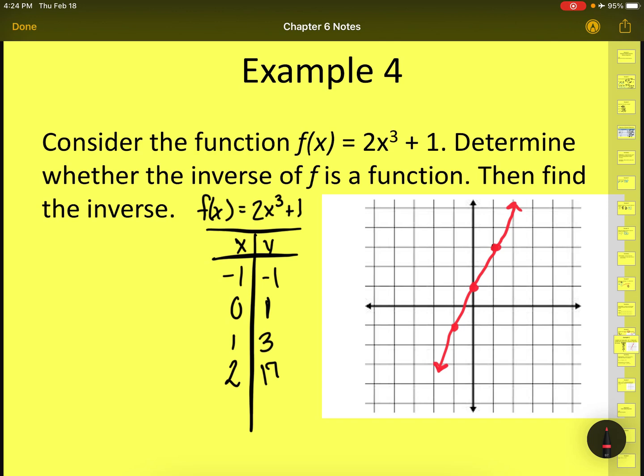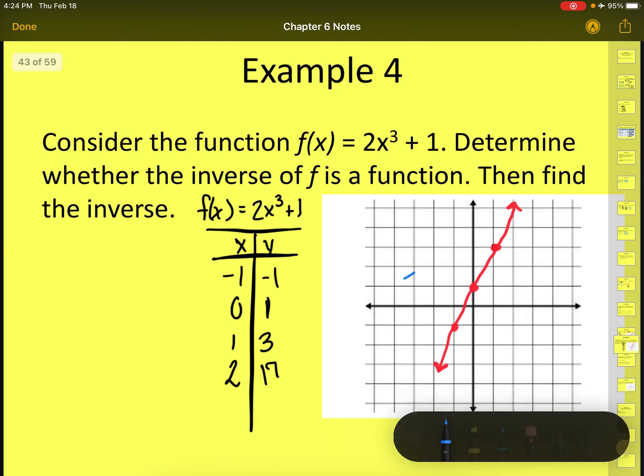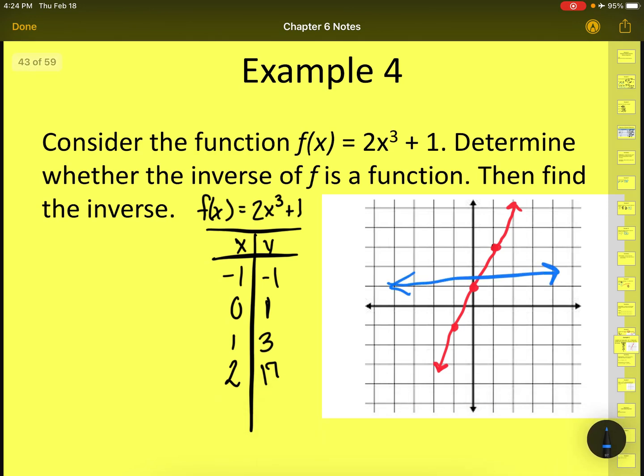Okay, and if we run our horizontal line test, if we run any horizontal line up and down this graph, the inverse is going to be a function. So that was our second part of information we needed. We determined that the inverse of f is also going to be a function.